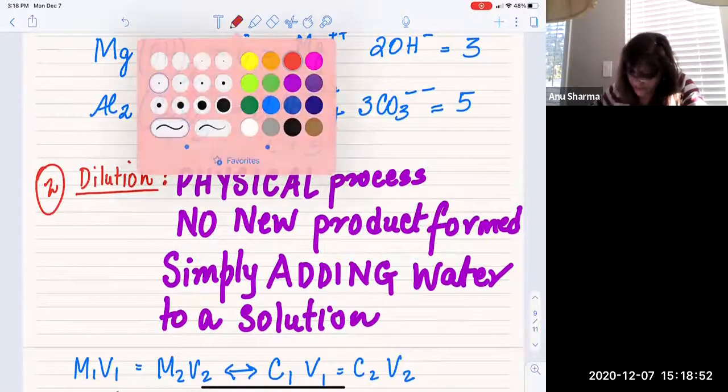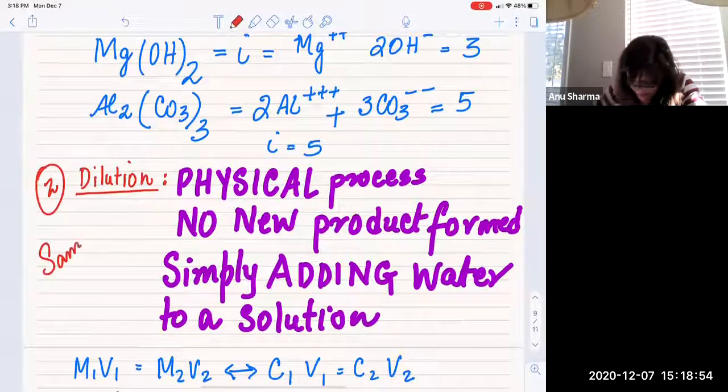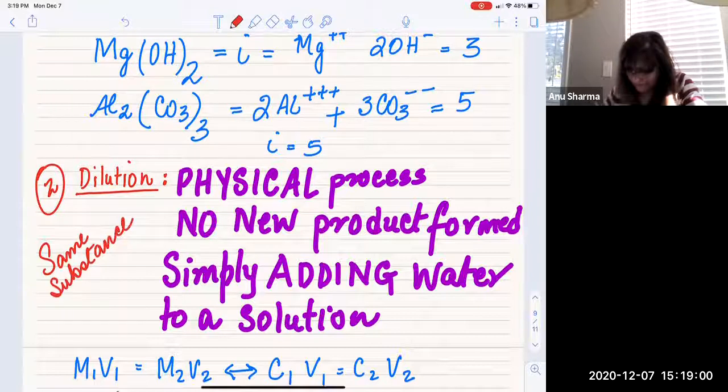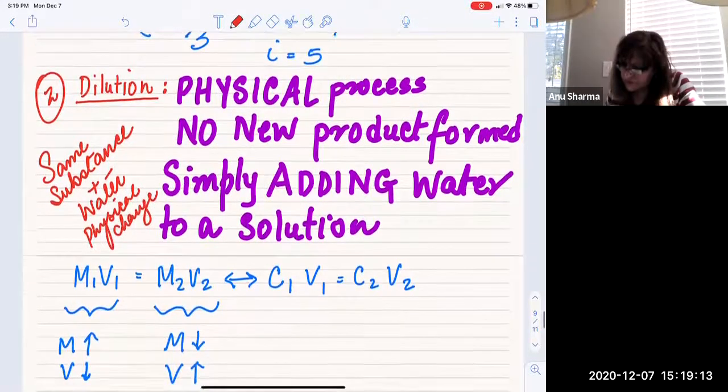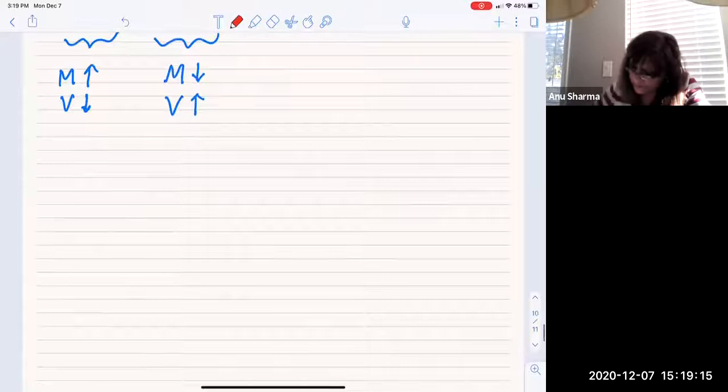This is also the same substance. So it's not even like you're bringing in something else from outside. Same substance plus water, that's all. And so it's a physical change.